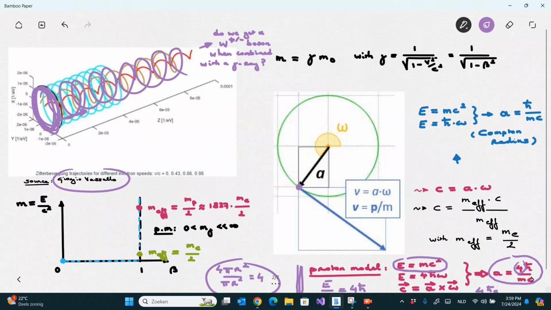Then it's going to become more spiral-like, but the radius has to decrease, because the speed of light is the speed of light, and as the tangential velocity gets this lateral component, the radius of our electron must become smaller. So it becomes smaller and smaller, at very, very high speeds.